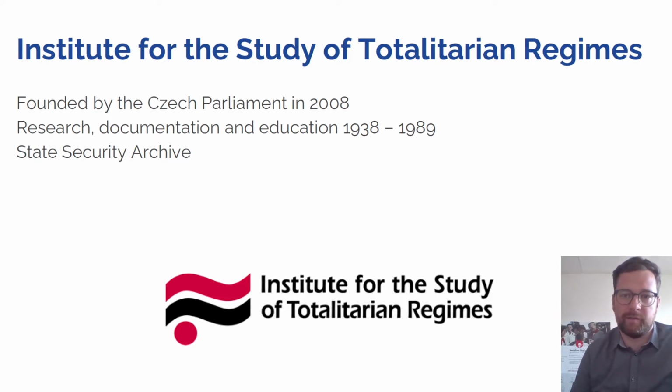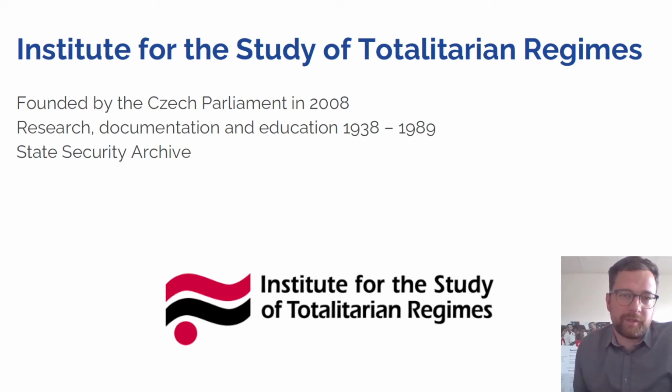1938 and 1989. In the Czech Republic, we call this period the time of the totality or of the totalitarian regimes.